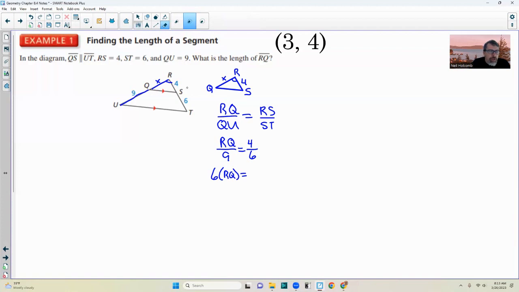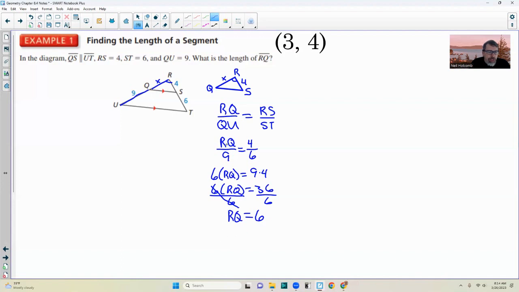You might be saying, where did 36 come from? 9 times 4, cross multiply. So simplify, 36. Divide both sides by 6 to get RQ by itself, and we get RQ equals 36 divided by 6, which is 6.